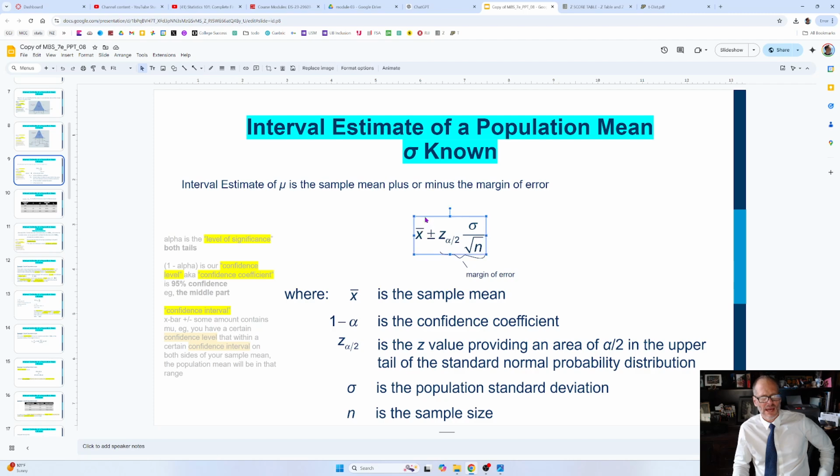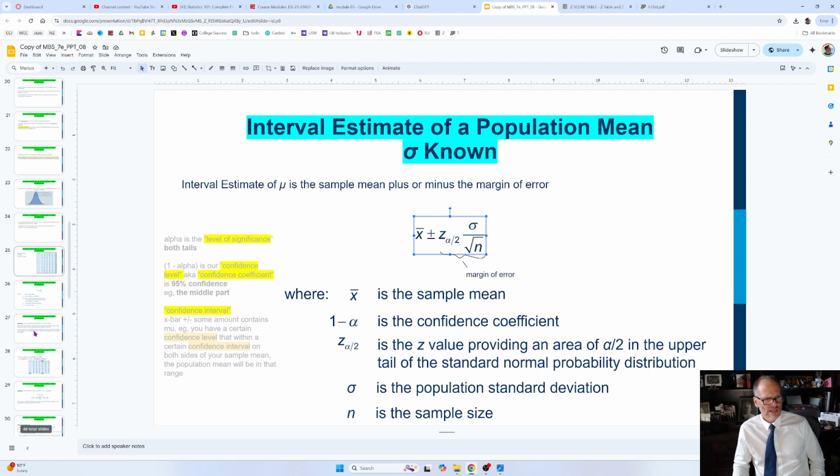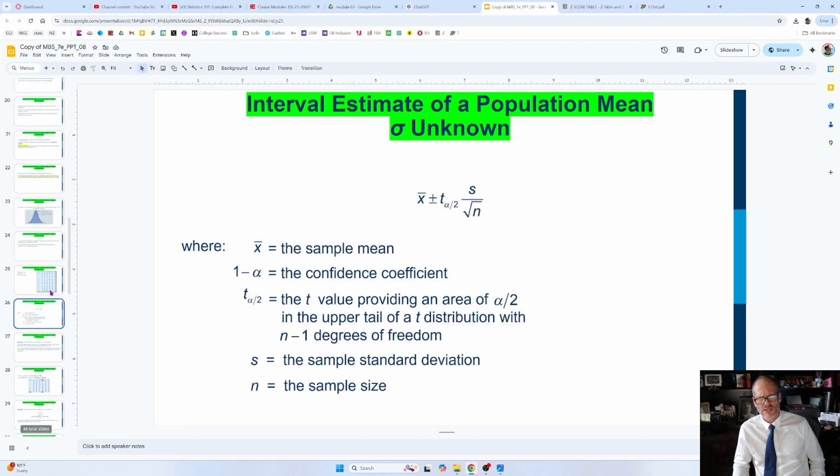This is the one we had for population standard deviation known, and here's the one for population standard deviation unknown. This was the population standard deviation, this is the sample standard deviation. This was the z-score, this is the t-score. So that's the difference between the standard deviation of the population known versus not known.